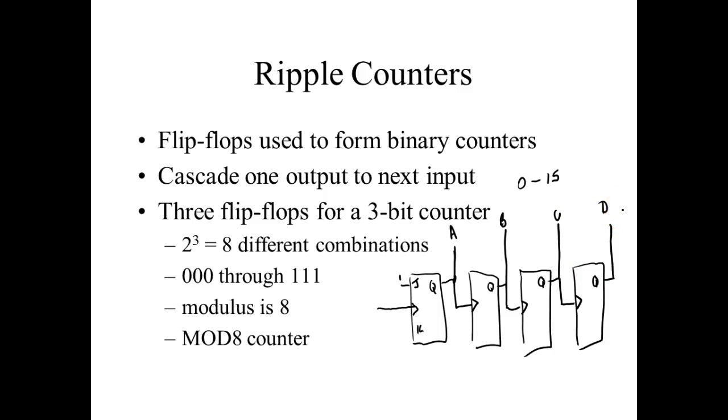Anytime we look at a data sheet and see A, B, C, D, those are weighted binary numbers, with A being the least significant bit and D being the most significant bit. When we draw them from left to right, it makes my count look like it's opposite of what it is.